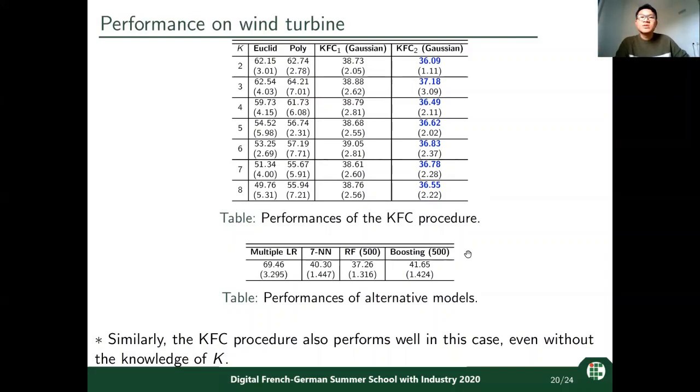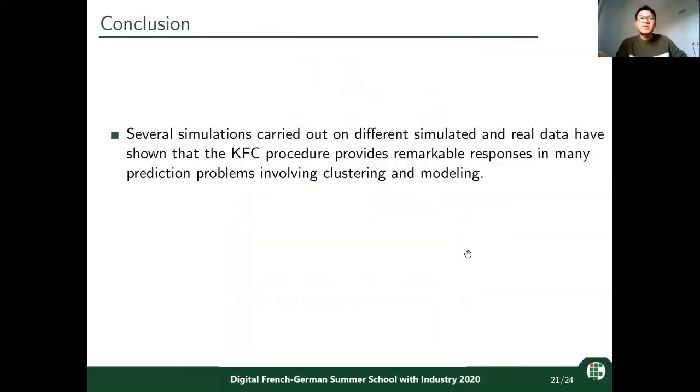So in conclusion, depending on many simulations, on simulated data and also real data sets other than energy data, we obtain something really remarkable with this procedure.